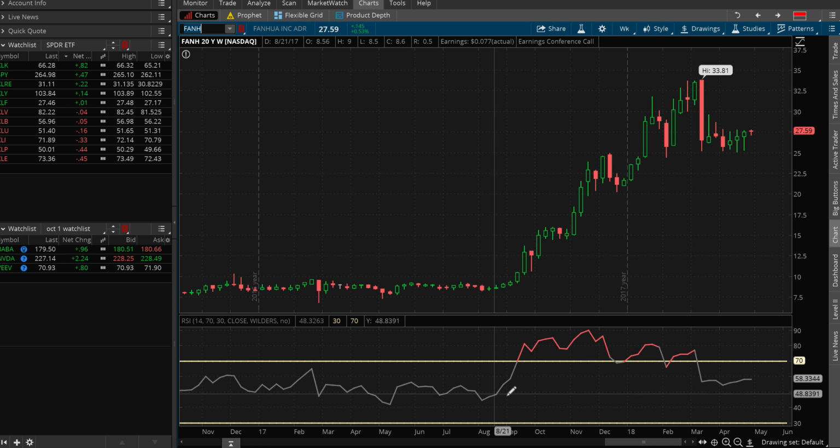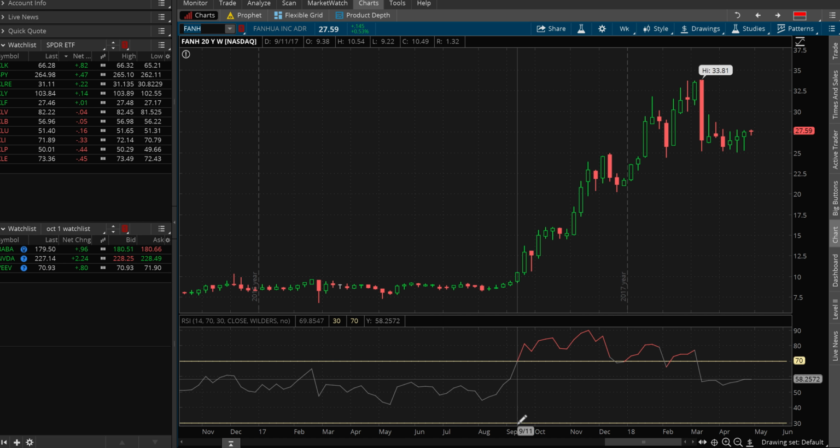All right. So if you take a look at this, this is the 70 line, this is the 30 line. On the higher time frame, since September 11th, so this is 2016, oh sorry, this is 2017. Since September 11, 2017 till now, we had this RSI over this 70 level, which means the stock has been trending on the long side, right?